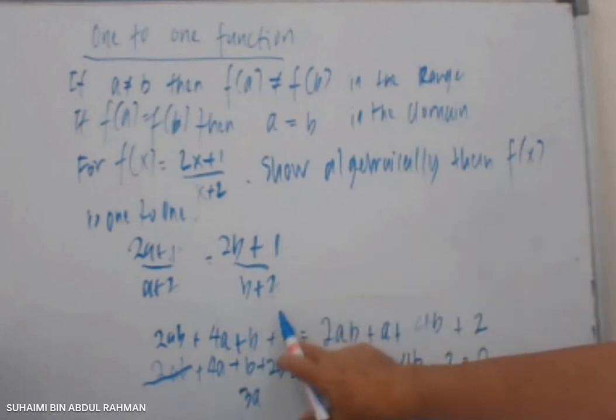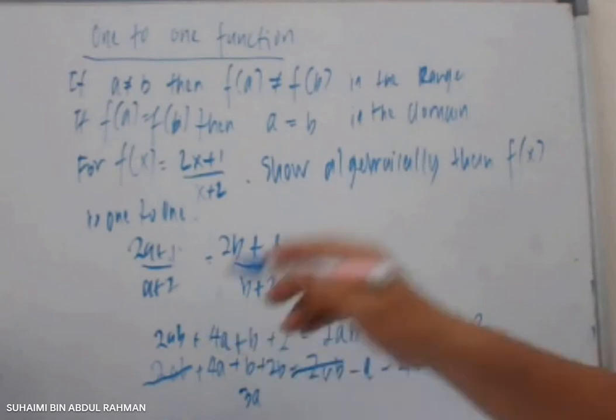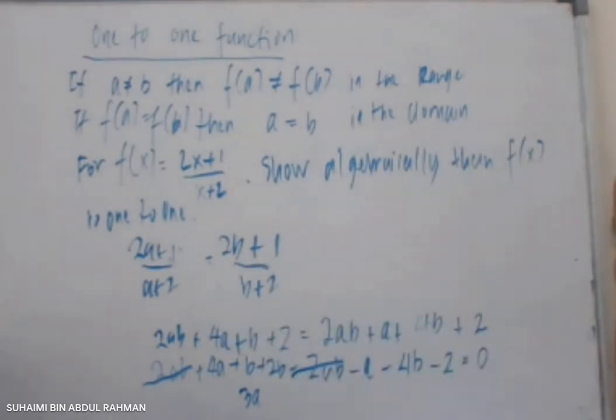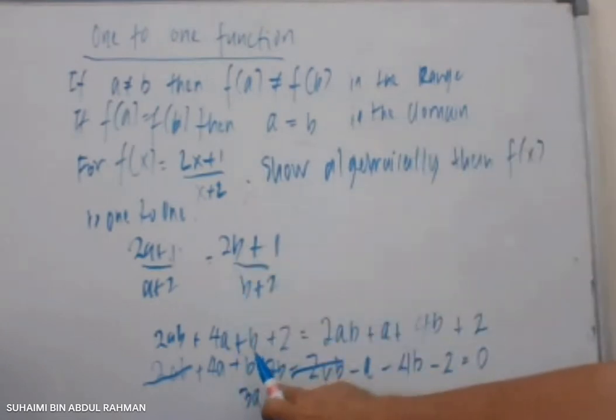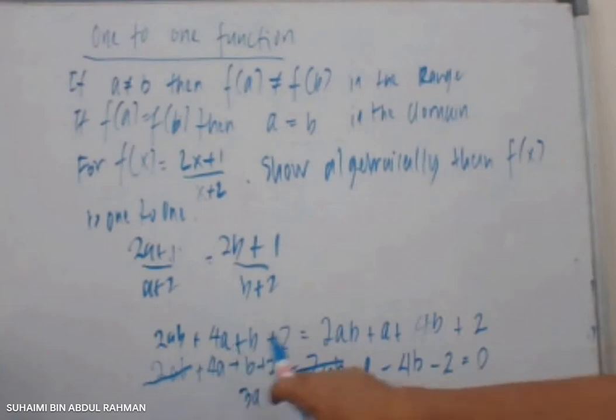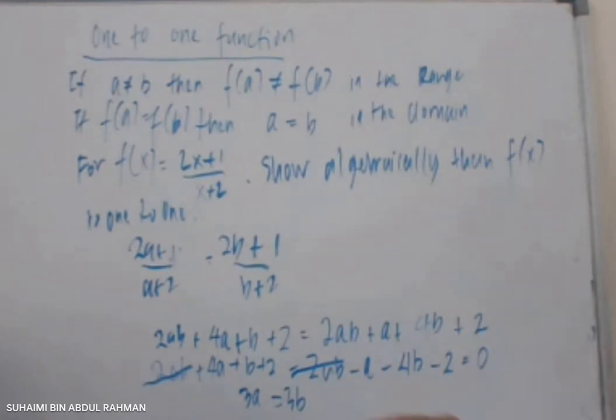Okay, it's plus 2 only, right? We have 4A minus A is 3A, 2B minus 4B... minus 3B, plus 2 minus 2 is 0. So it is equal to 0.